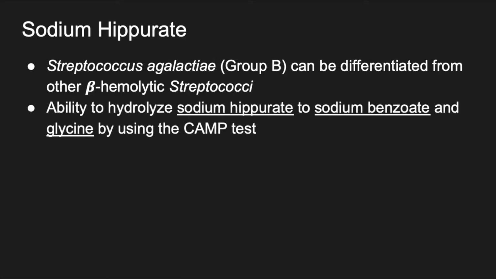This test tells us if something has the ability to hydrolyze sodium hippurate to sodium benzoate and glycine. The way that we tell if this is occurring is by using the CAMP test.